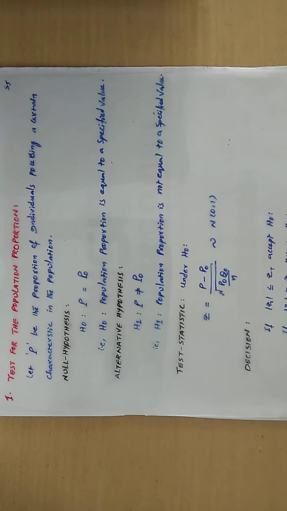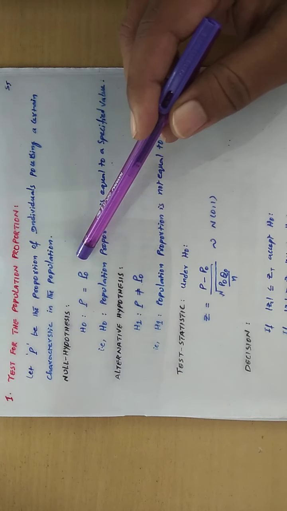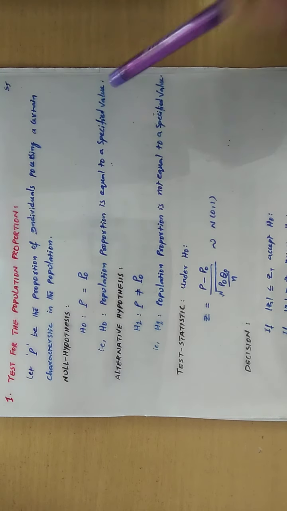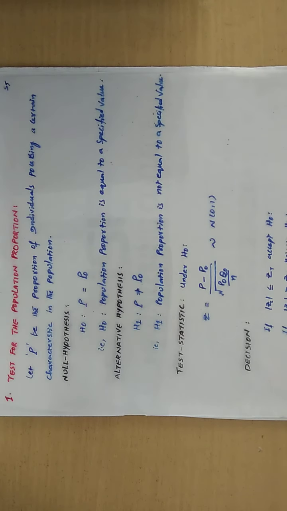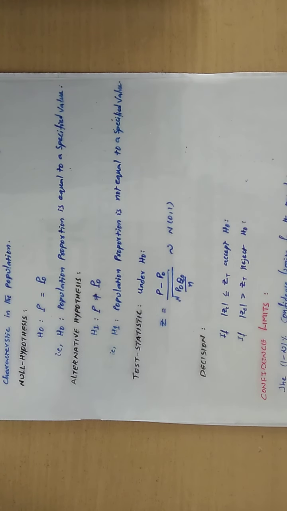The proportion of individuals possessing a certain characteristic in the population, generally an attribute. Attribute means a non-measurable characteristic. The next one is the null hypothesis, H0: P is equal to P0, so the population proportion is equal to a specified value. Next, the alternative hypothesis.